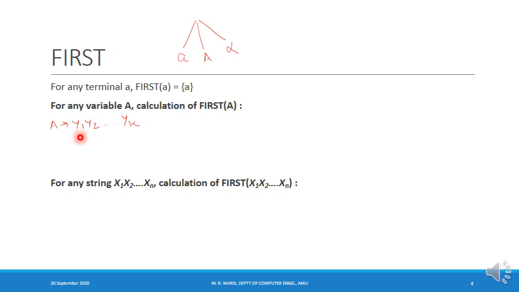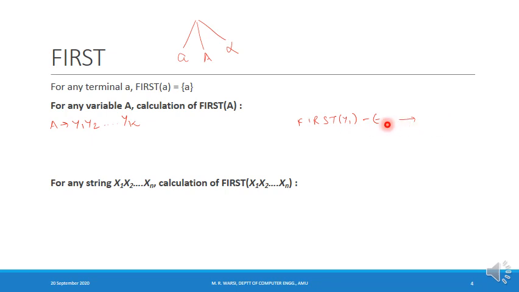So whatever symbols are there in the first of y1 minus epsilon will be added to the first of capital A.